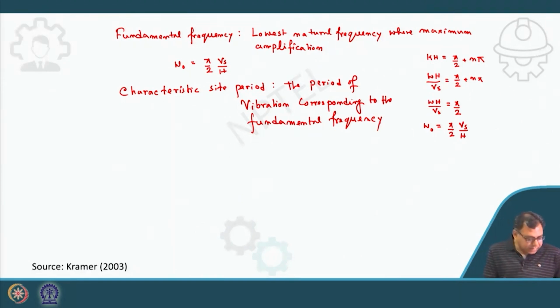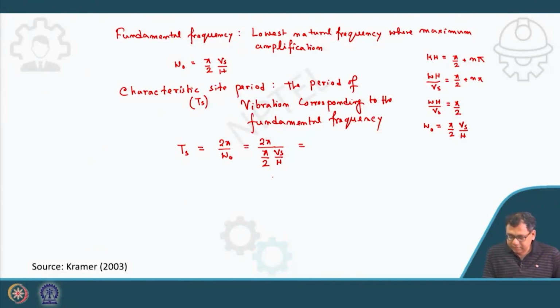Okay. So that means here the characteristic site period Ts is equal to, we know that the time period is 2 pi by omega 0. So that will be 2 pi by omega 0, where omega 0 is pi by 2 into Vs by h.